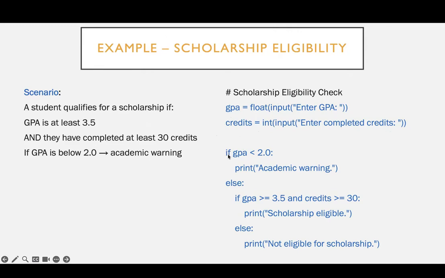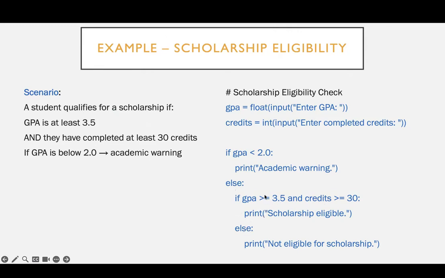Then we go into this if-else statement. If GPA is less than 2, print academic warning. Else, it's greater than or equal to 2. Then we have these situations. If GPA is greater than or equal to 3.5 and, because this is an and, the number of units is greater than or equal to 30, then eligible for a scholarship.